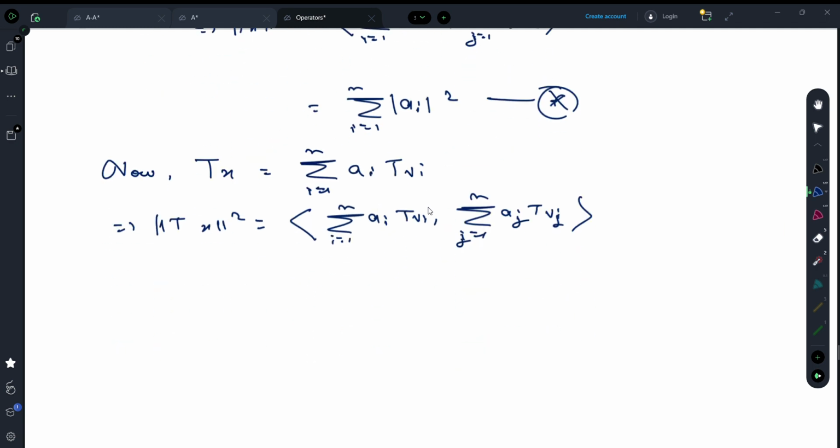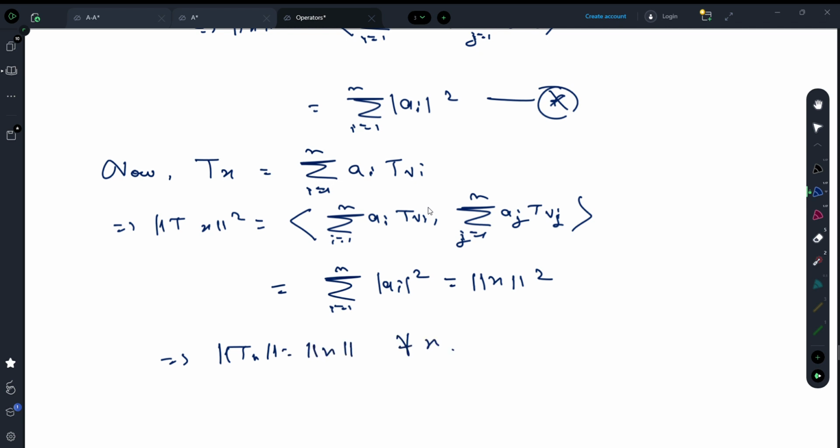But these Tvi, Tvj's are also orthonormal, because T beta is orthonormal, so it will again give us the same result: summation i equals 1 to n of mod ai squared. But you have already seen that this equals norm of x squared, which implies that norm of Tx equals norm of x for all x. Clear?